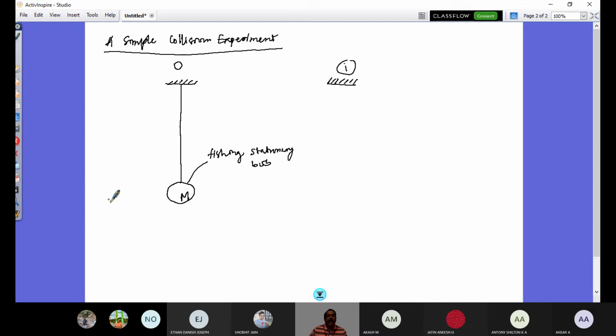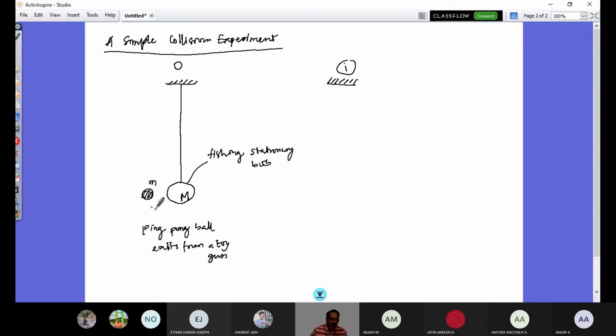I have a toy gun, and that gun shoots this ping pong ball, which comes and hits the bob. Let's call this small mass small m. So this is the ping pong ball exiting from a toy gun.